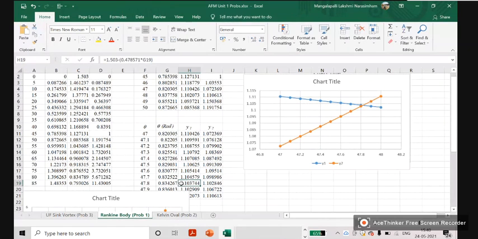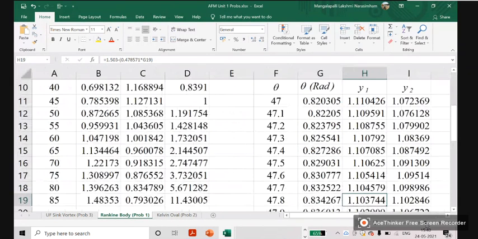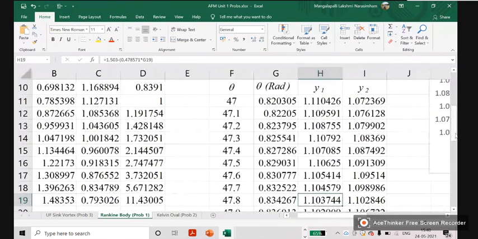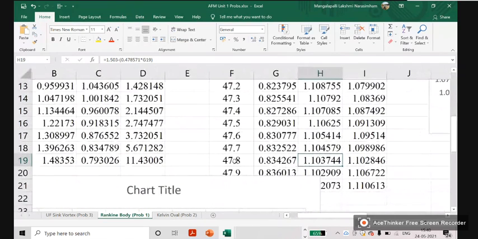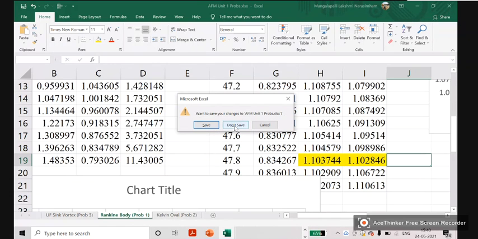You can see at 47.8, the two functions are almost the same. You can further refine, but it is not necessary. So therefore, theta is equal to 47.8 degrees. That is what we get.